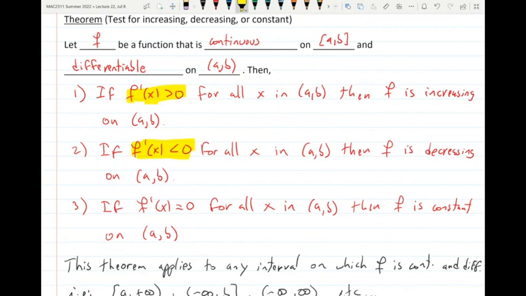The way that we solve nonlinear inequalities is we find the zeros of the function and the values that make the function undefined. We put all of those numbers on a line, and then we test the function for sign. We pick a point in each of those intervals and plug it in to determine if the function is positive or negative.